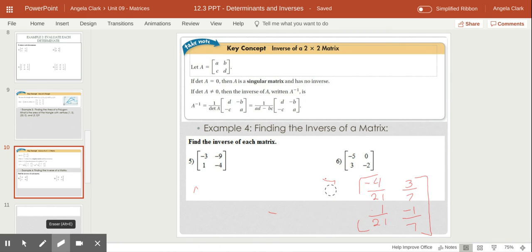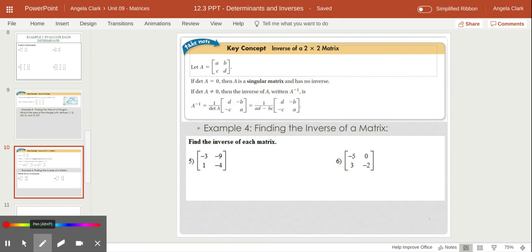The very first thing that we always do when we're finding the inverse is we find the determinant first. So the determinant here is negative 5 times negative 2, which is positive 10, minus 3 times 0, which is 0. So that's just 10. The determinant is 10.